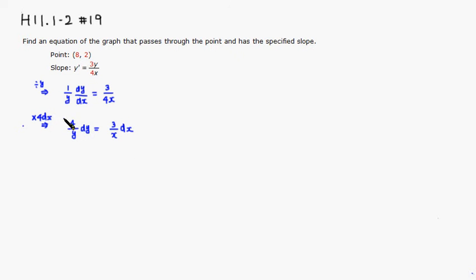So this way we can put the integral signs on both sides. Then evaluate the integrals.